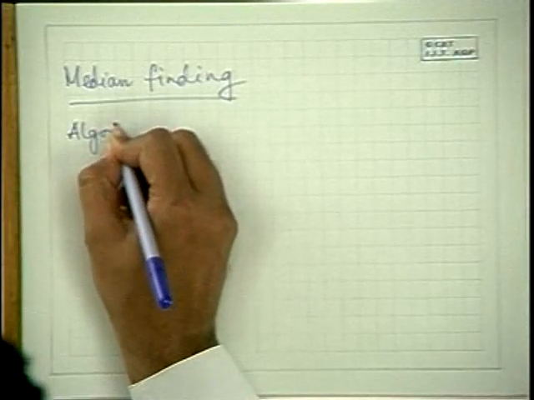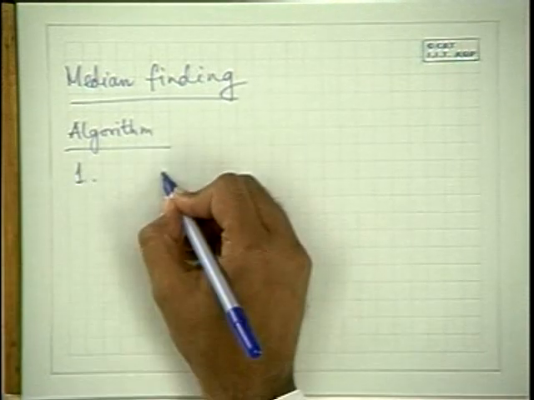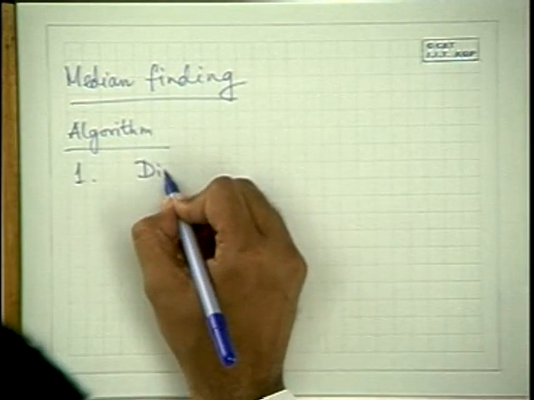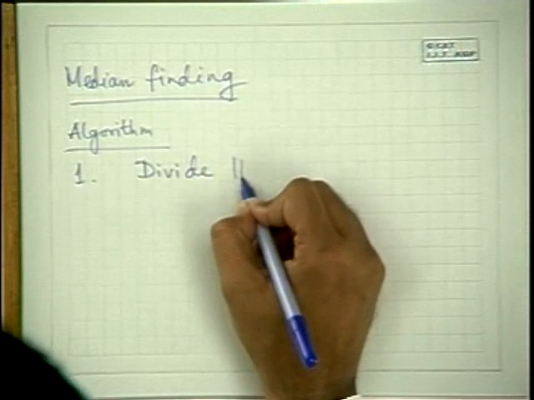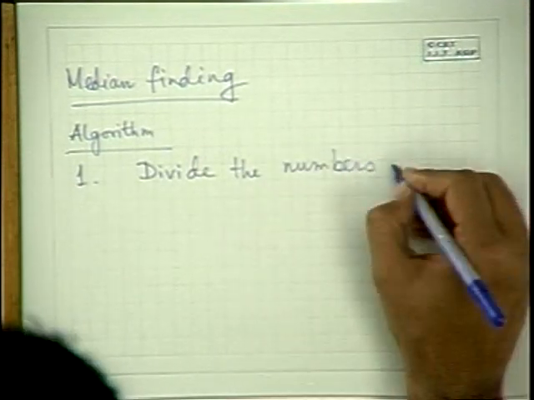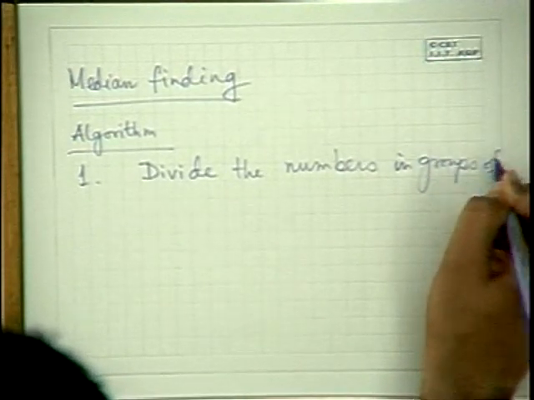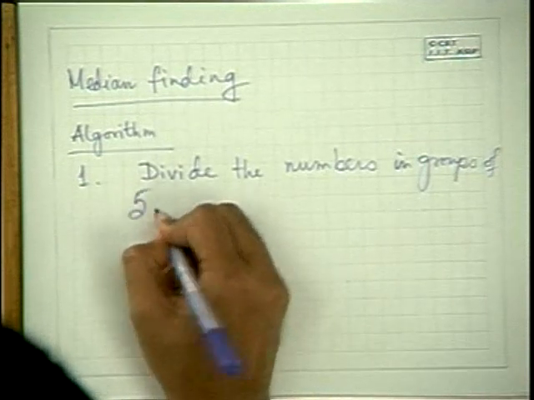Alright, so this is our algorithm in very plain English. First, we divide the numbers in groups of 5.